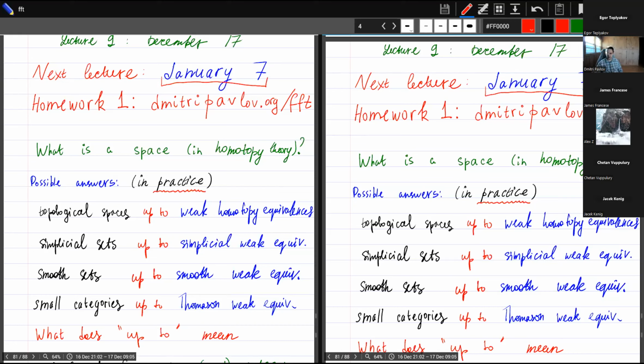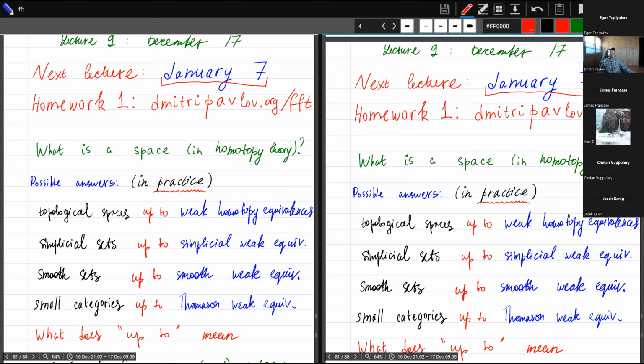All right. Let me now proceed to what I promised last time, a very brief crash course in homotopy theory. What exactly does homotopy theory study? Well, there are many answers, but one of them will be perhaps infinity 1 categories. Infinity 1 categories are categories enriched in some sense in spaces.